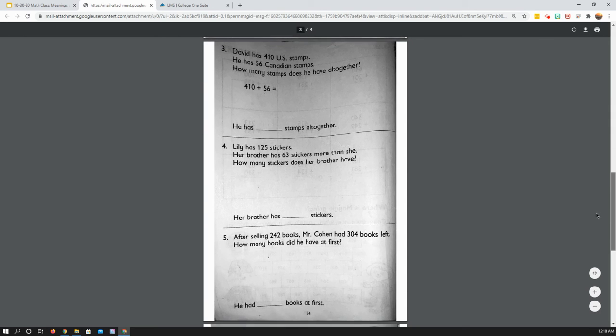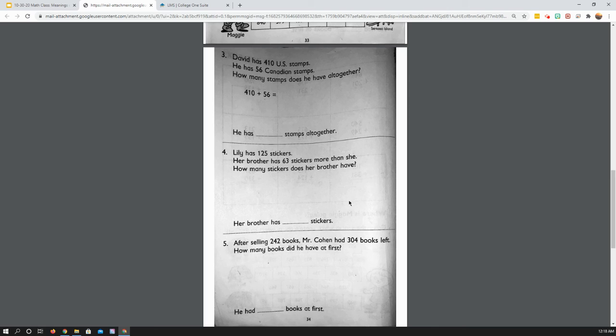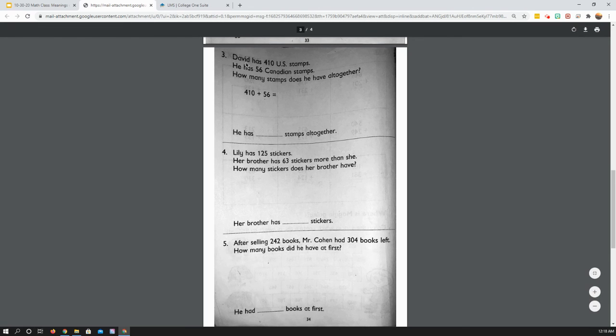And then the last thing you're going to do is page 34 from your workbook. And here you have small word problems, right? And what you would have to do is add the numbers. For example, here you have an exercise that says David has 410 US stamps. He has 56 Canadian stamps. How many stamps does he have altogether?